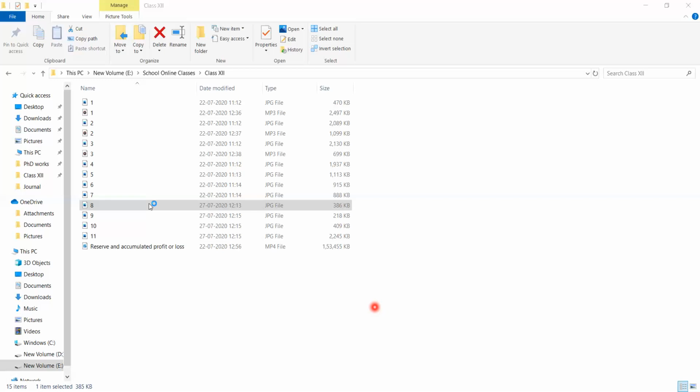Now let's see what information is given about that. There are two situations. The first situation is that there is no other information. First, try to understand the meaning of workmen compensation fund. It means the amount of money that has been kept for compensating the workers.